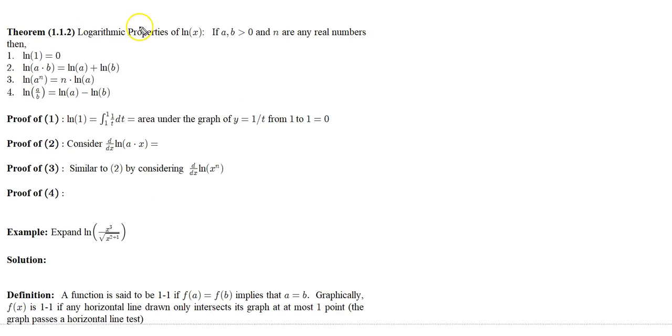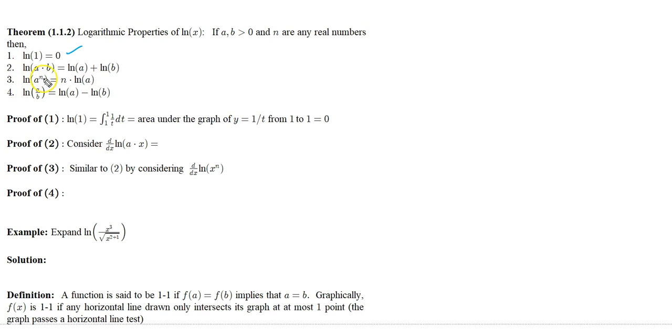Now let's take a look at a few properties of this natural logarithm function. So we're going to consider some constants here, a and b greater than 0, and n. So these are any real numbers. Then we have the following properties. The natural log of 1 is equal to 0. The natural log of a times b, we can break that up as the natural log of a plus the natural log of b.